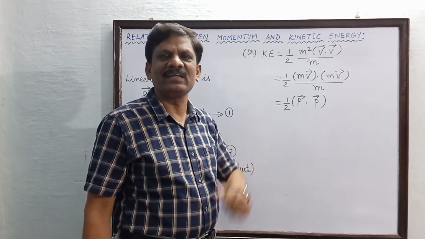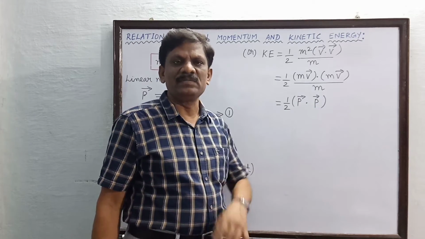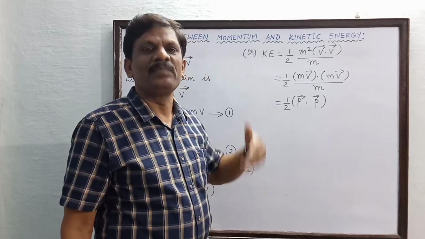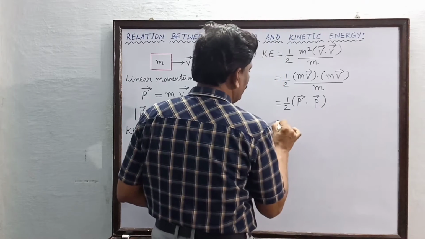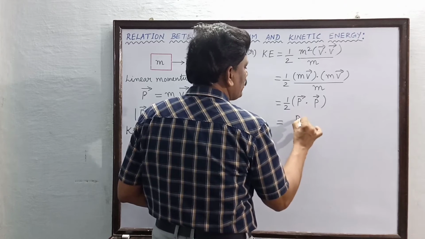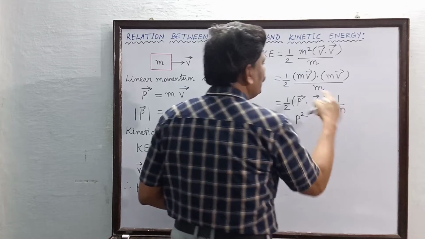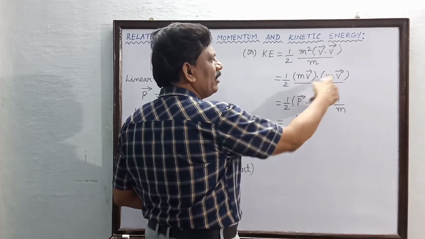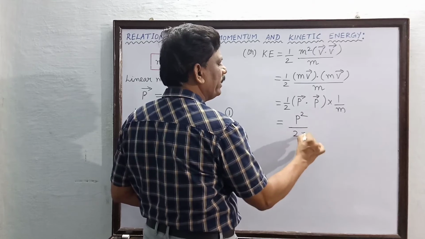Again self dot product has come, you see. So p vector dot p vector must be equal to p square by the property of the self dot product. So this is now equal to p square. And one more term is there, is it not? This 1 by m is there. So this is p dot p divided by m.